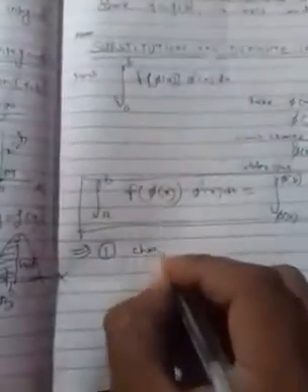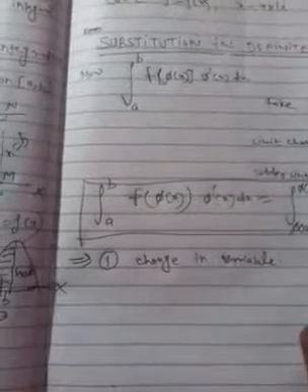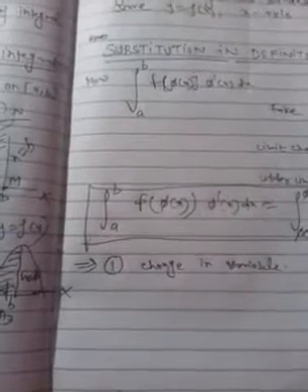So number first point, change in variable, t in place of x.